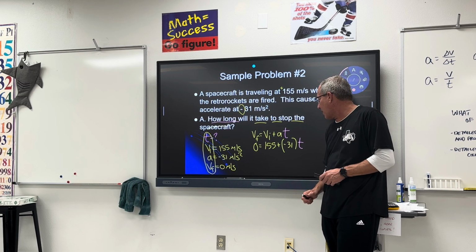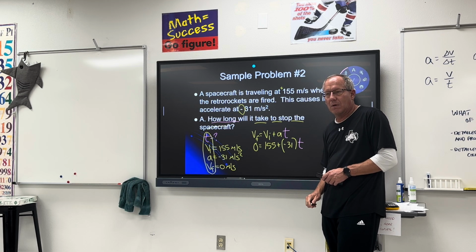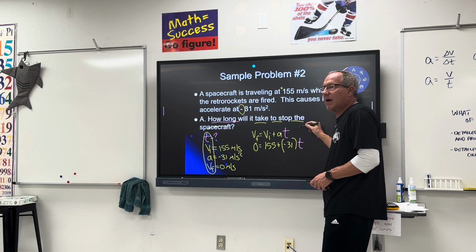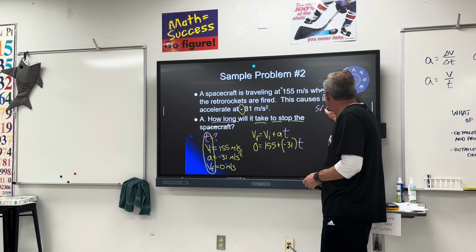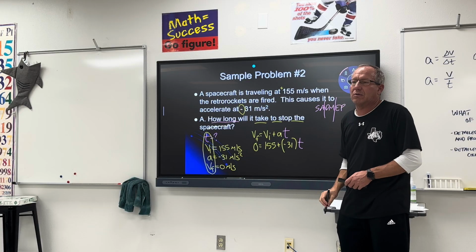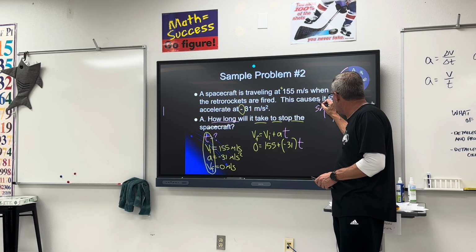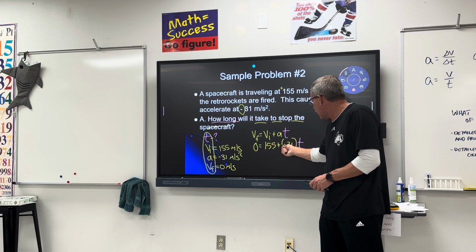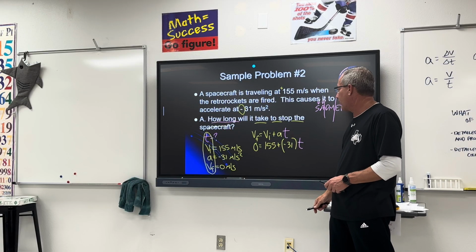Deal with the 155 or the negative 31? 155, isn't it? The negative 31 is being multiplied into this. Remember PEMDAS's backwards cousin, SADMAP. It tells you how to solve 1 and 2 step algebra equations. You have to deal with any subtraction and addition first, don't you? And this is being added on to this, so you can't touch the negative 31 first.